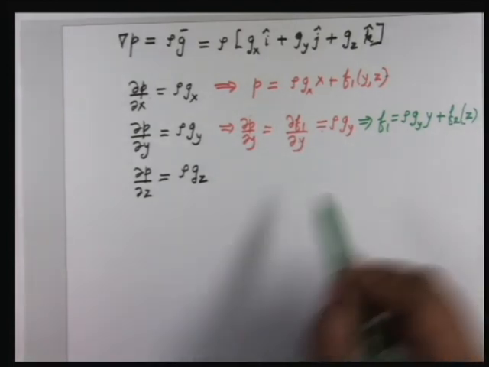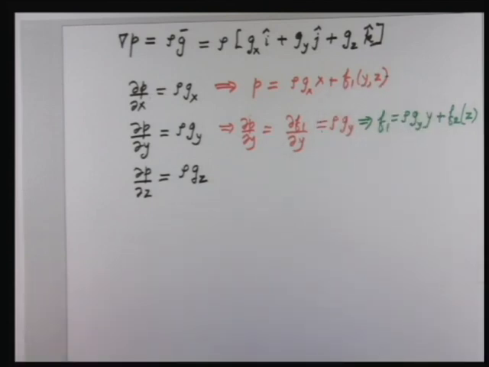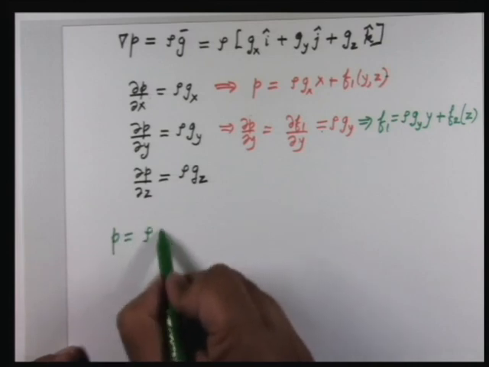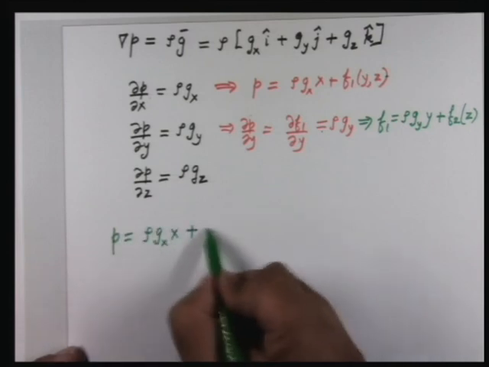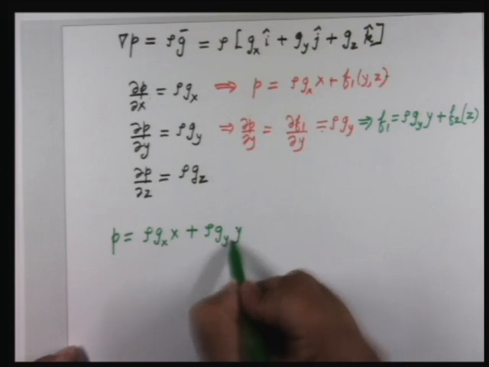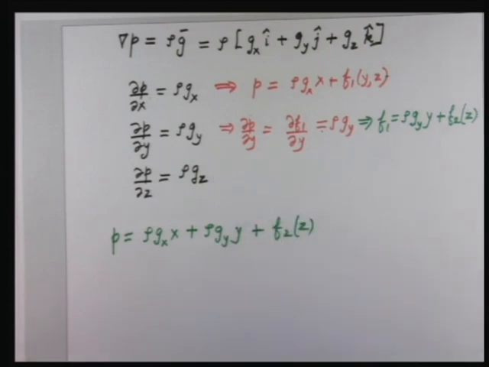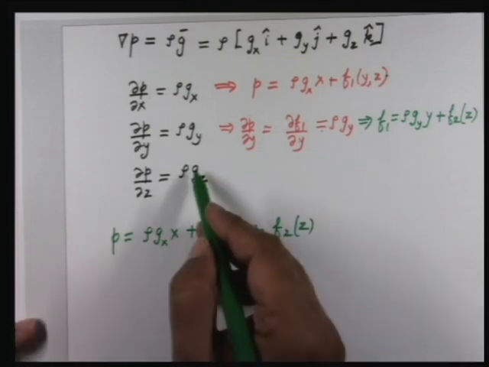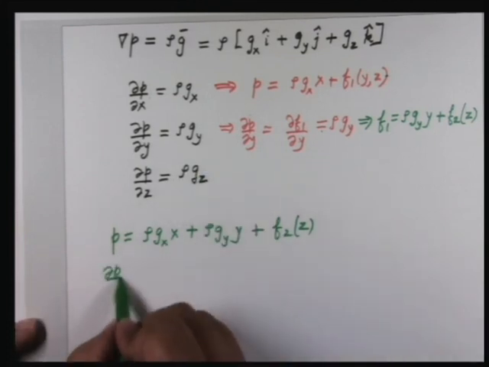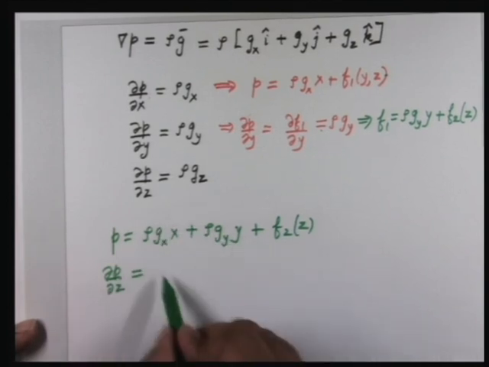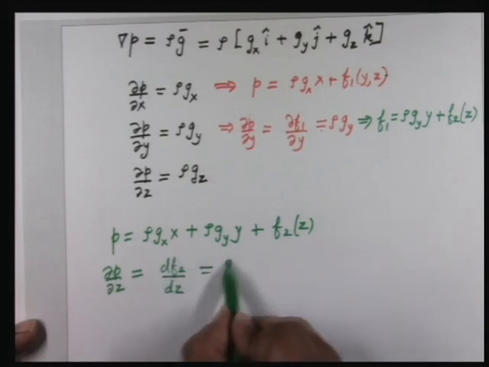So that means from these two, we are getting p, let me write it below here, equal to rho gx x plus rho gy y plus f2 of z. Now we have to find this function f2 of z. To do that, you find del p del z. So when you differentiate partially with respect to z, this term goes to 0, this term goes to 0, you get df2 dz, which is equal to rho gz.